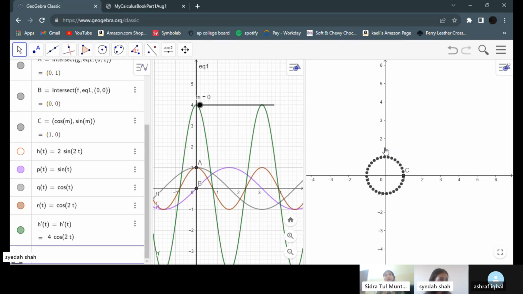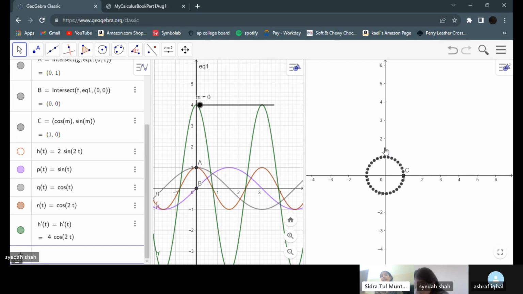Velocity is the derivative of a function with respect to time, the change in function with respect to time. Like how your function is changing with respect to time, so that is your velocity.